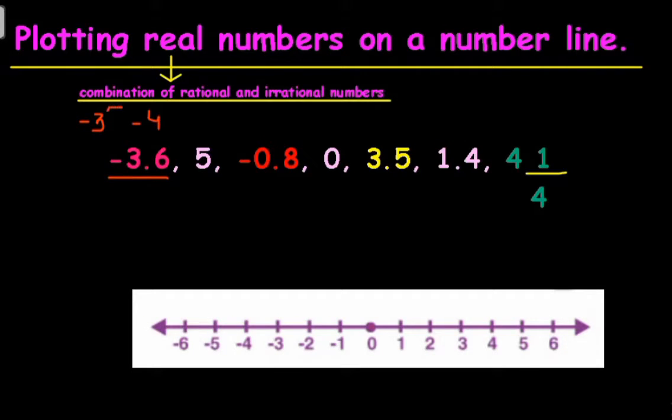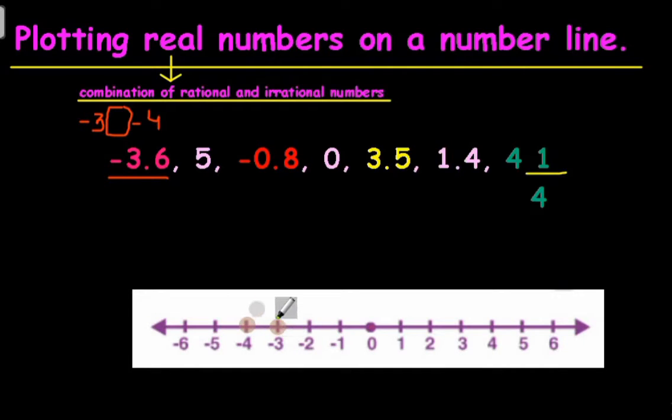Alright, so first I need to identify that it's a number in between minus 3 and minus 4. So now very easily let me highlight minus 3 and minus 4 with the help of the highlighter.